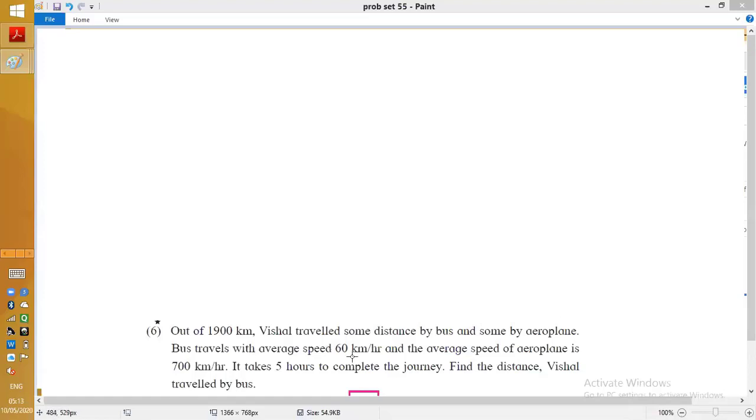Bus travels with average speed 60 km per hour, and average speed of aeroplane is 700 km per hour. It takes 5 hours to complete the journey. Find the distance we shall travel by bus. So here we are going to find the distance traveled by bus and distance traveled by plane. We consider the distance traveled by bus as x, and the distance traveled by plane we consider y.